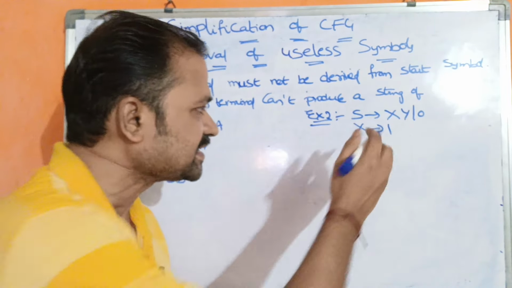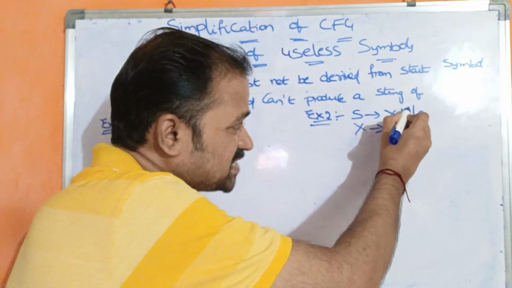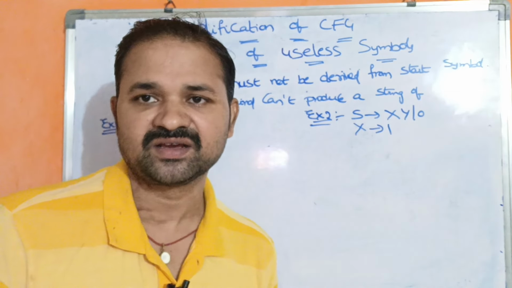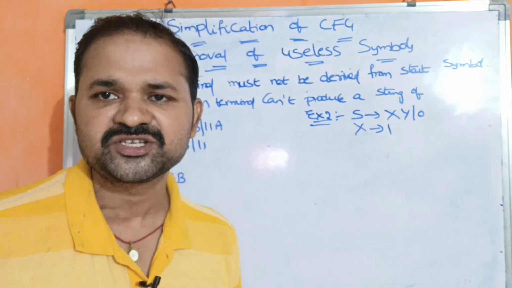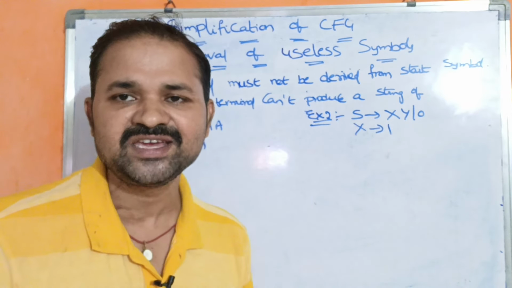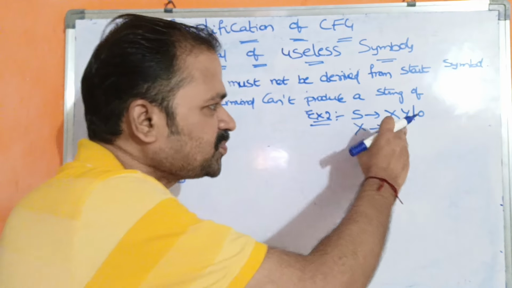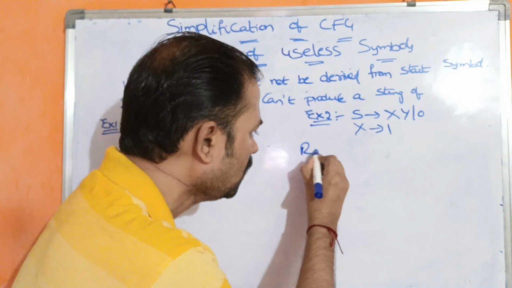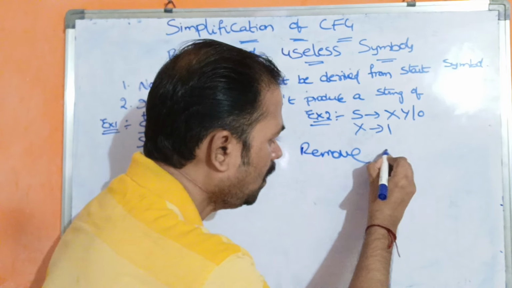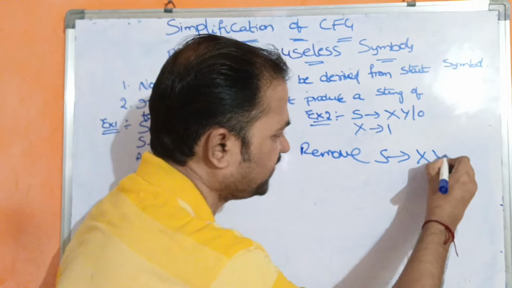So we can say that S produces XY is a useless production. Why? Because here Y is a useless symbol, so all the productions associated with Y are useless. In this problem we have only one such production, that is S produces XY. So we can remove S implies XY.